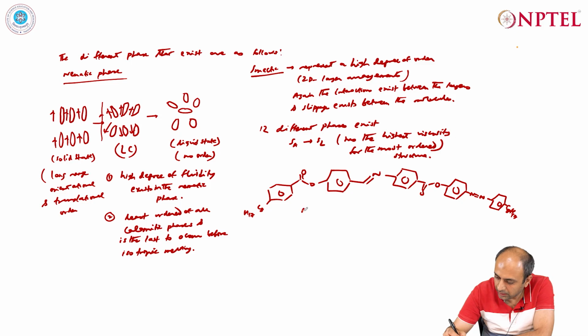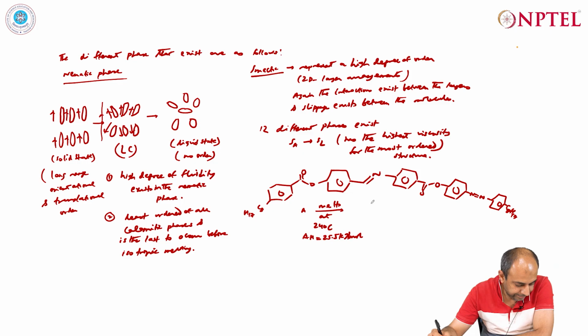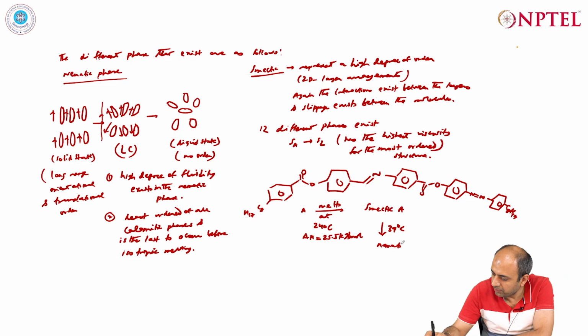So, we start say from A, it melts at 24 degree centigrade, with an enthalpy change of 25.5 kilojoule per mole to give rise to the smectic A phase, and then at 39 degree centigrade it converts to the nematic phase.